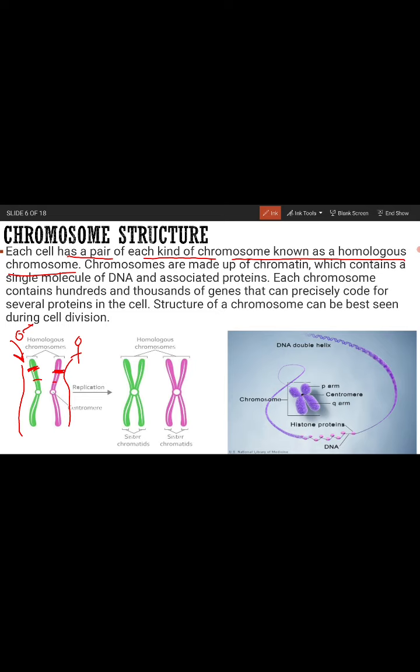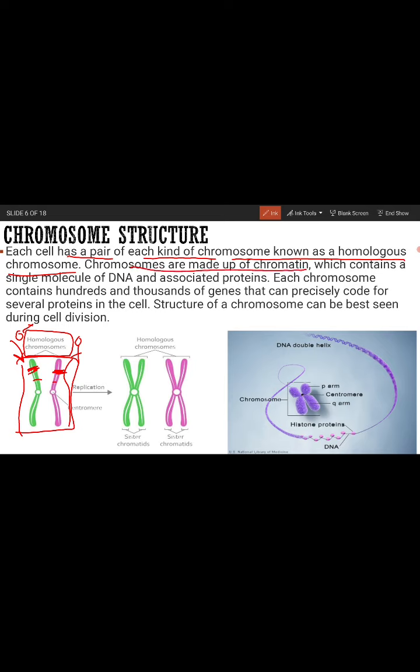Two different alleles of the same gene will be on two different chromosomes. So this is how we know these are homologous chromosomes. These are the copies of the same chromosome and are known as homologous chromosomes.